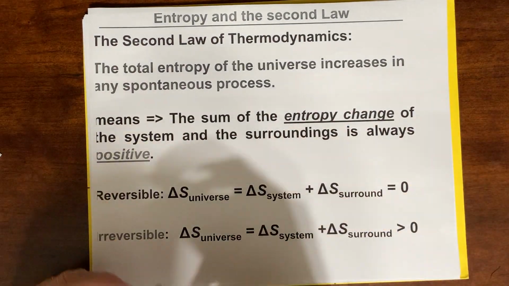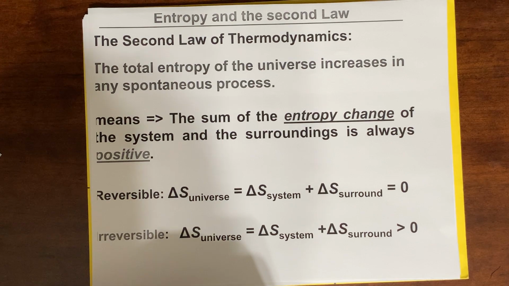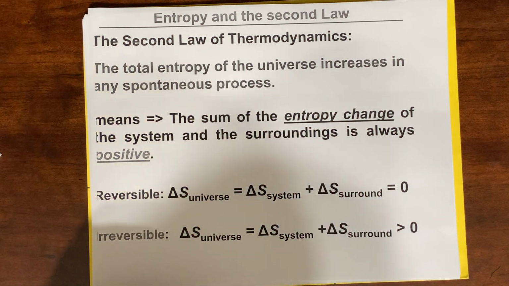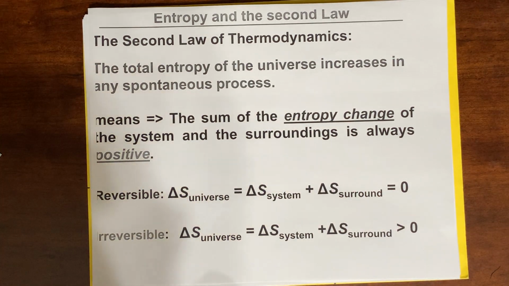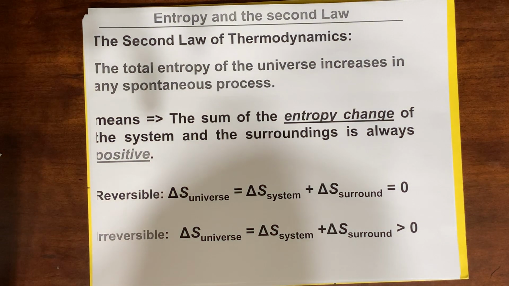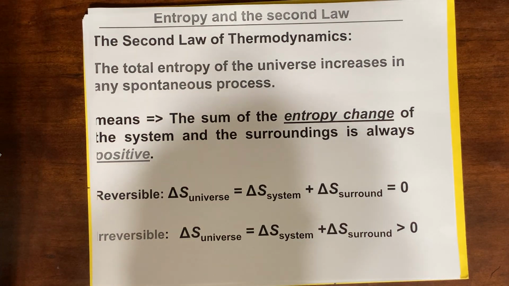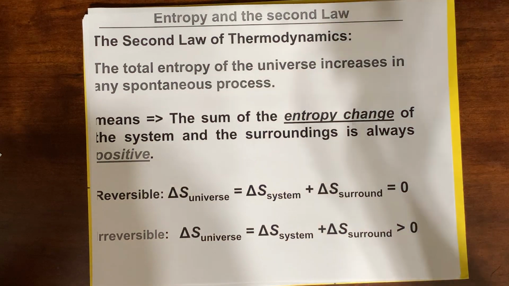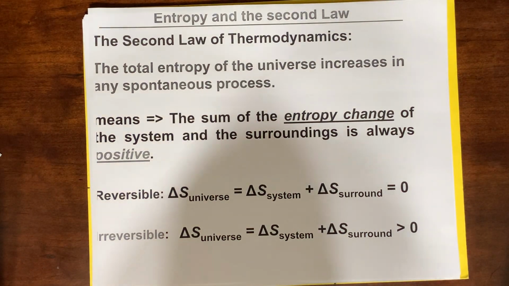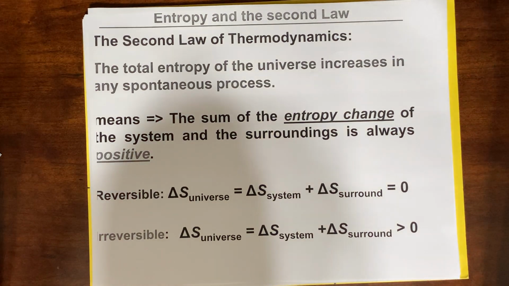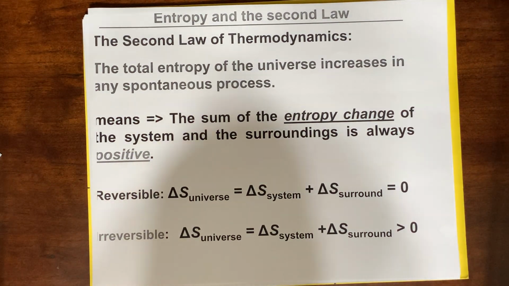Okay. So the second law of thermodynamics says the total entropy of the universe increases in a spontaneous process. If you have a reaction or process that can happen by itself, you don't need to get involved with that reaction or process. If you have such a process, and that process can move forward or can happen by itself, then we say that one is a spontaneous process.